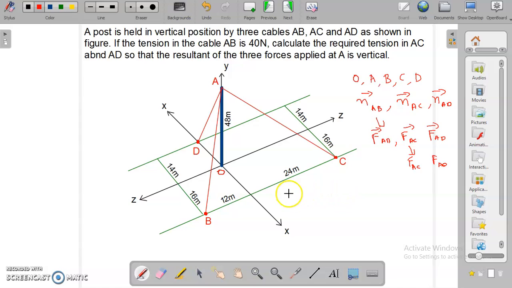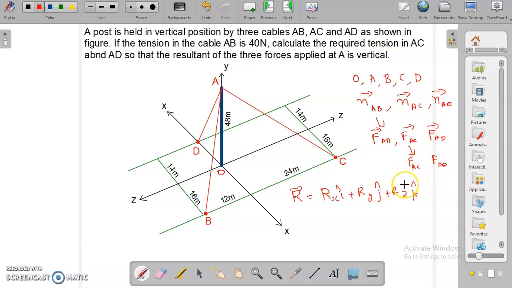After that by just adding you will get the resultant vector in the format Rx i plus Ry j plus Rz k. In this format you will have some variables, that is F_AC and F_AD, which are unknown.